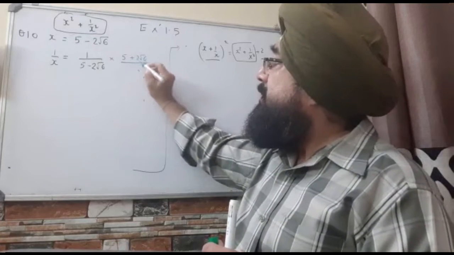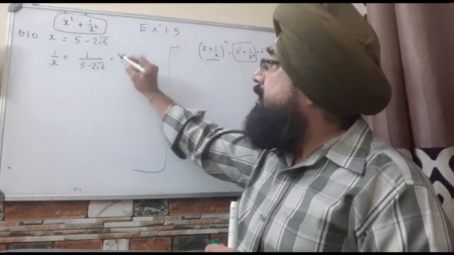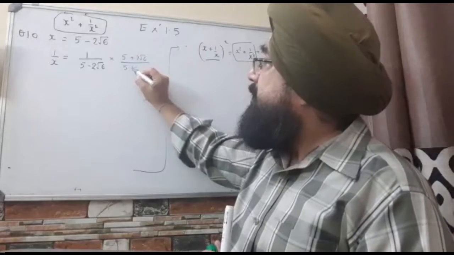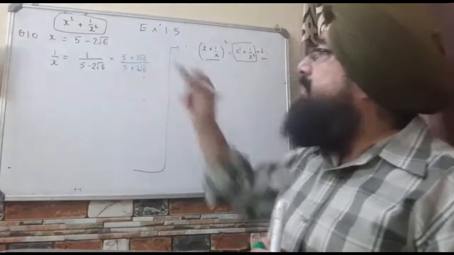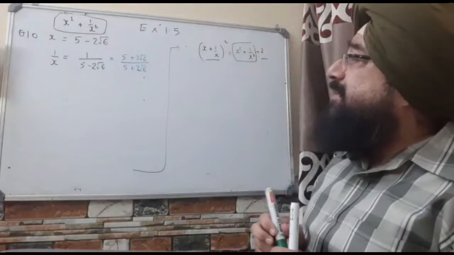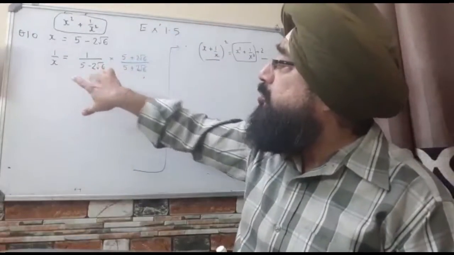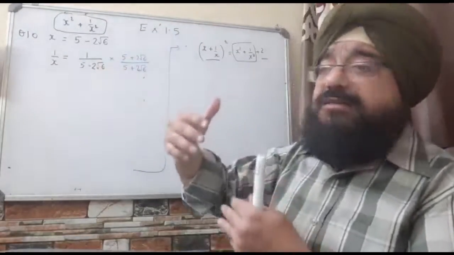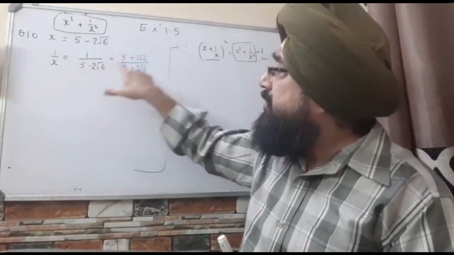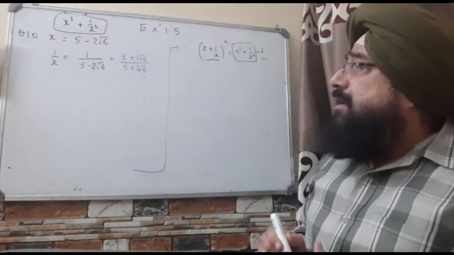In the numerator I multiply, and in the denominator we divide by 5 plus 2 root 6. That is, I multiply with the same number and divide also by the same number. And why have I done this? Because this is the conjugate of this number. The conjugate, or the rationalizing factor, is nothing but the denominator with a reverse sign in between.